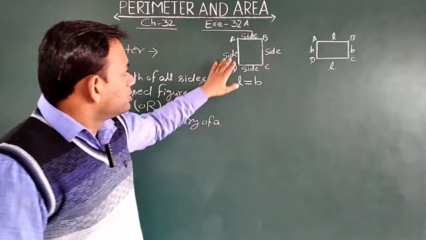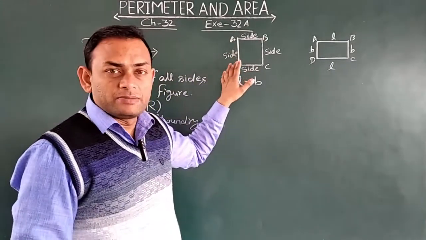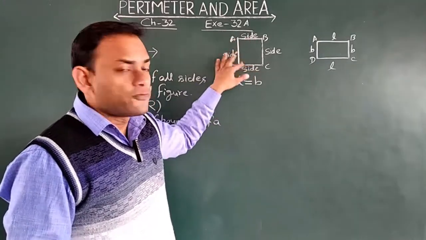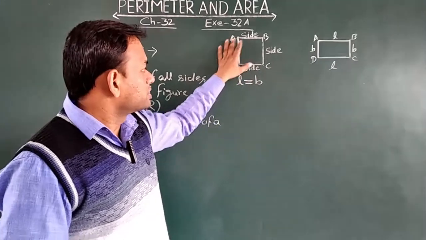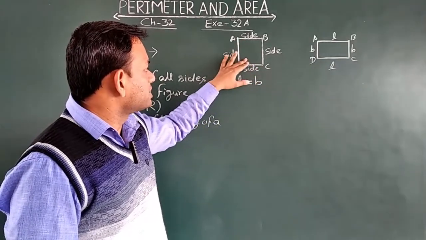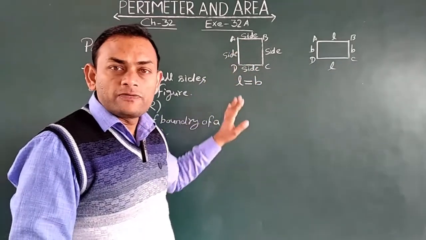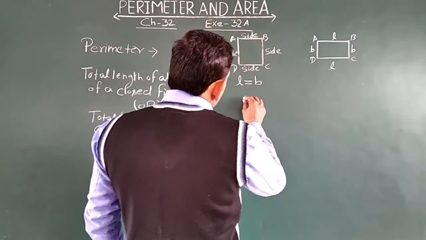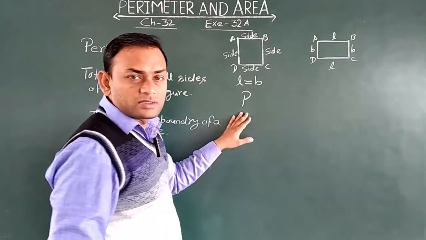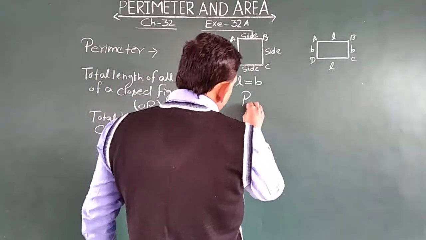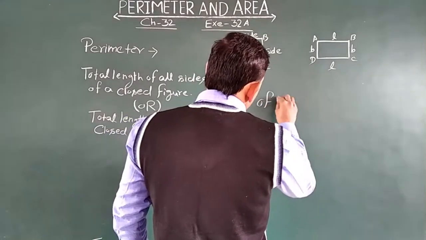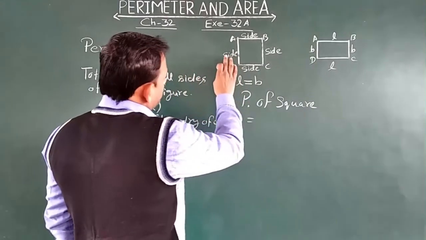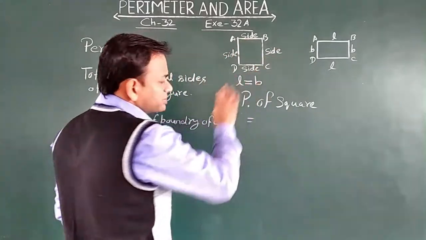So if we have to find the perimeter of the square, as I told you, the total sum of all the sides will be the perimeter of the square. I am writing perimeter in short as P. P of square will be side plus side plus side plus side.